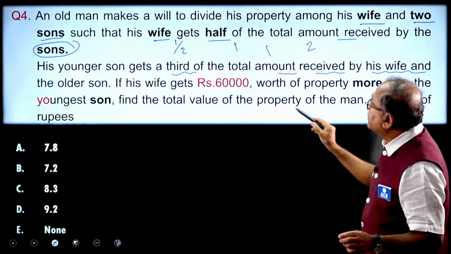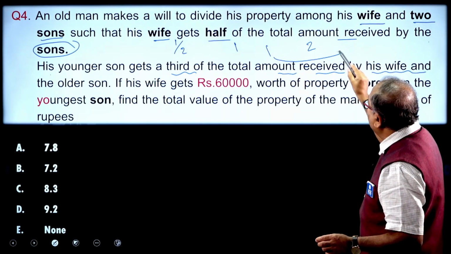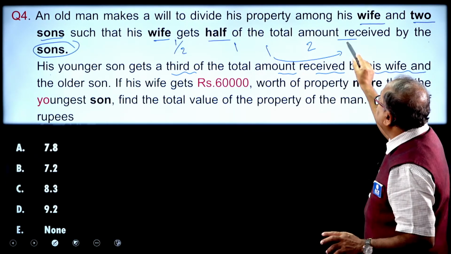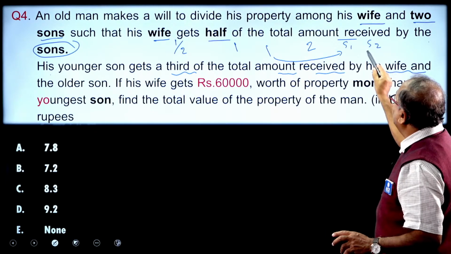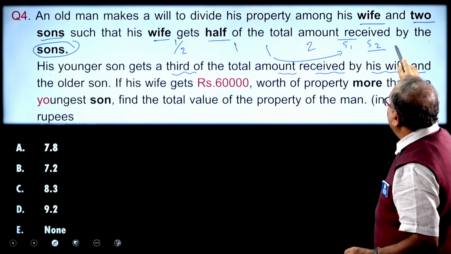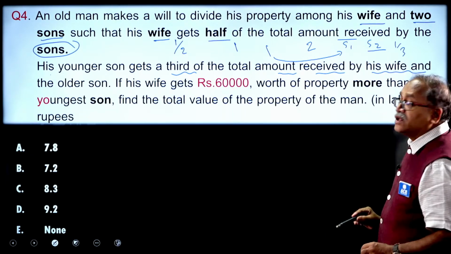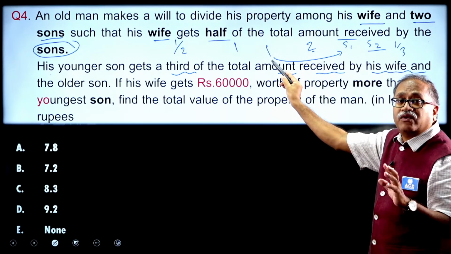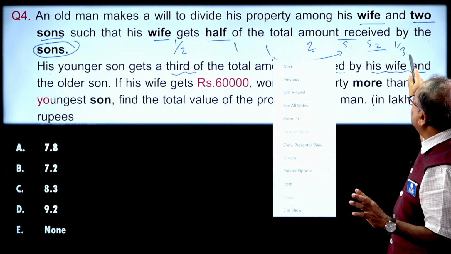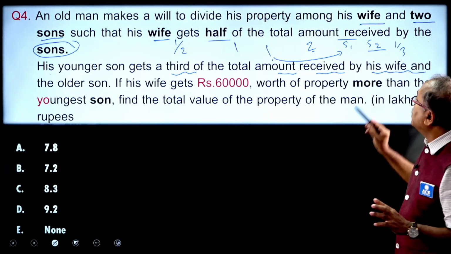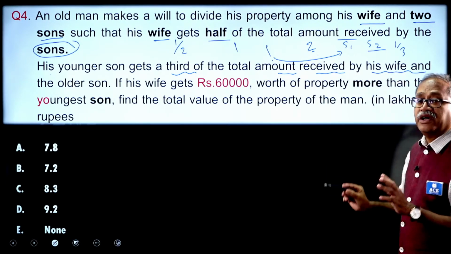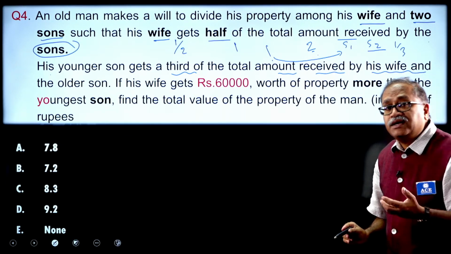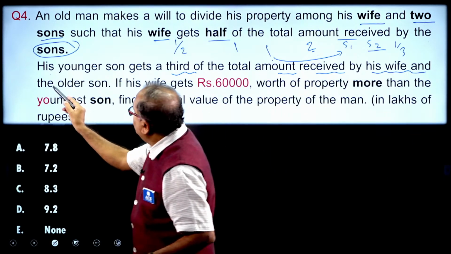So, here it is given that if wife gets 1, then the younger son, let us consider younger son, will be getting 1/3. So, out of both the sons getting 2, then wife is getting 1 and the younger one is getting 1/3. So, from 2 if I take out 1/3, I will be getting the elder son share. Okay.